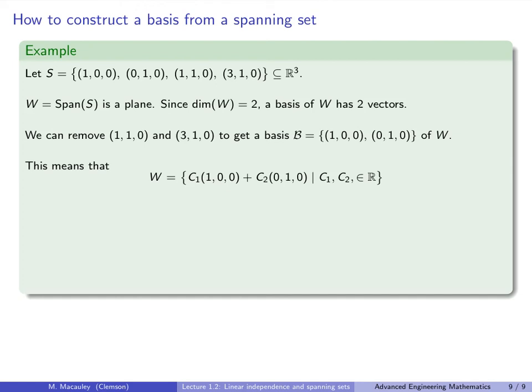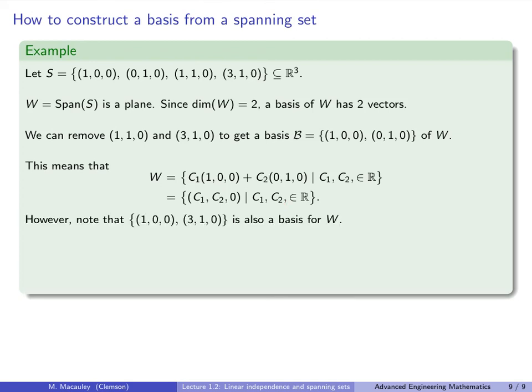In other words, every vector in W can be written uniquely like that. If I want to, I can combine these vectors into one and write this as (C1, C2, 0), where C1 and C2 are real numbers.